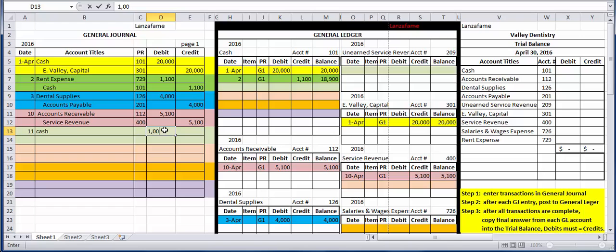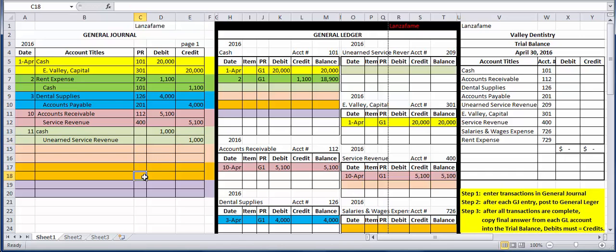But because we haven't performed the service, we owe the service. And whenever you owe a service, whenever a customer prepays you for a job that you haven't done yet, you're going to credit unearned service revenue. And that would be for $1,000.